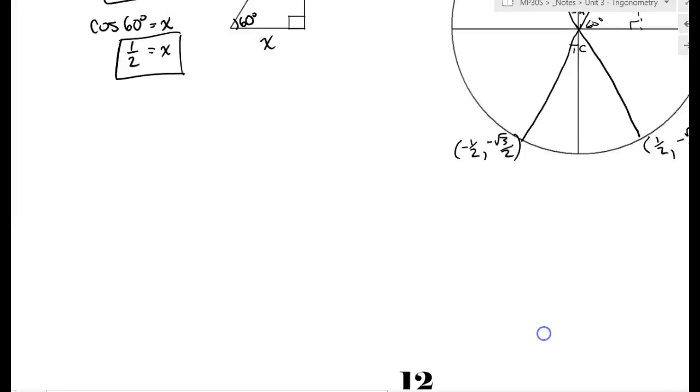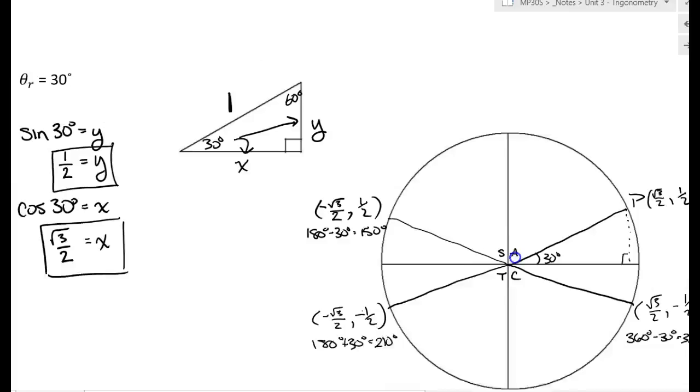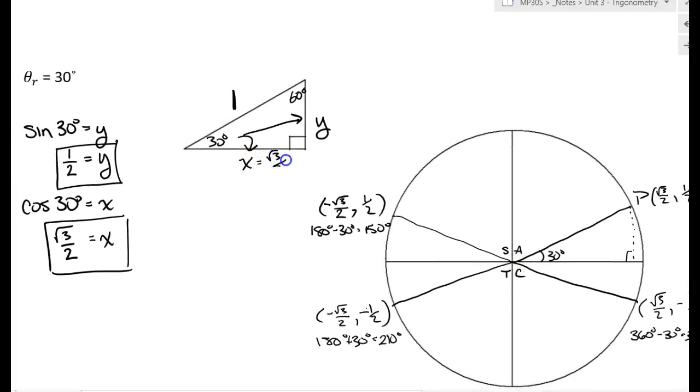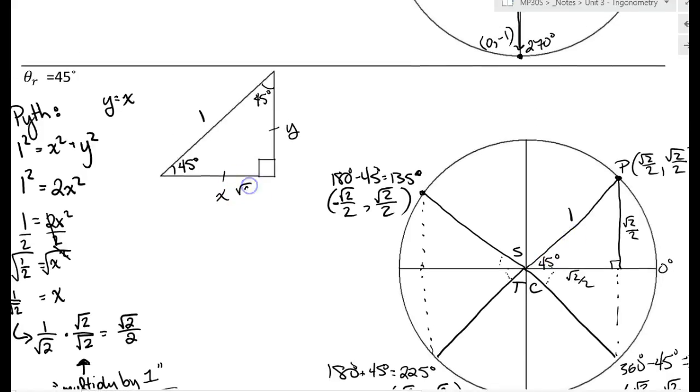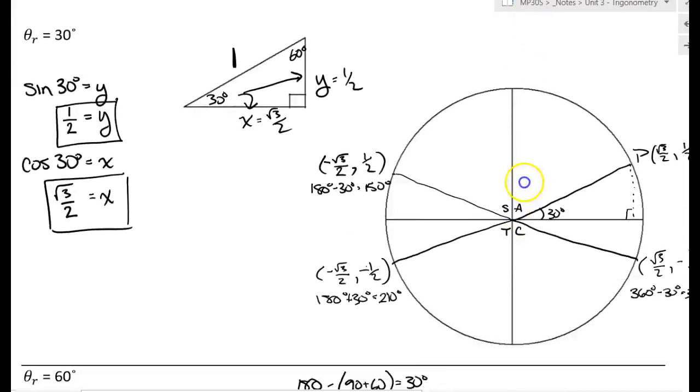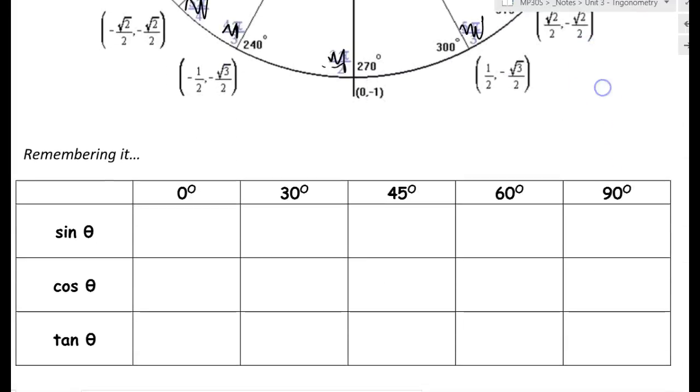You could also use these triangles that we've written and just remember them and the fact that this is 1/2 and root 3 over 2 for my 60 degrees, and remembering that this is root 3 over 2 and 1/2, and finally root 2 over 2 for both of them. You could memorize those triangles. That is totally fine too. But I have a third way for you to memorize them, and this just kind of lets you automatically generate the values so that you can remember them kind of rotely and then apply them as you need.